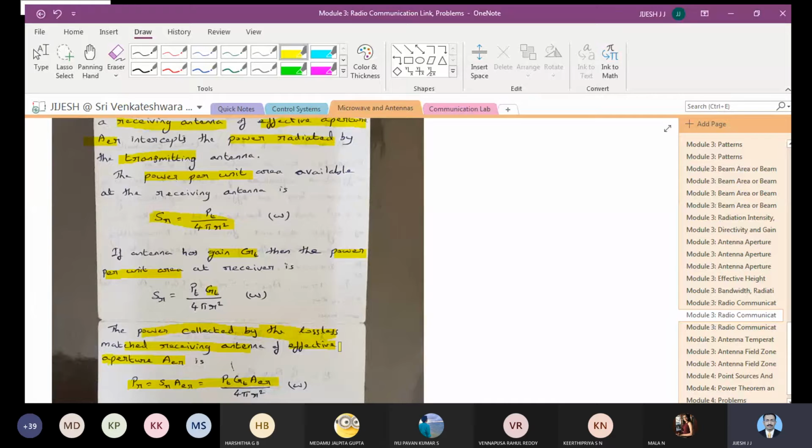That can be written as SR into AER. AER is the effective aperture of an antenna at the receiver end. The SR equation we already know, it is PT GT divided by 4 pi r square. So we get the received power PR is equal to PT GT AER divided by 4 pi r square.